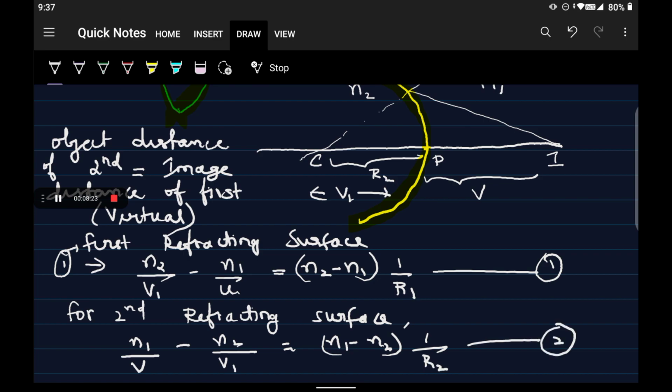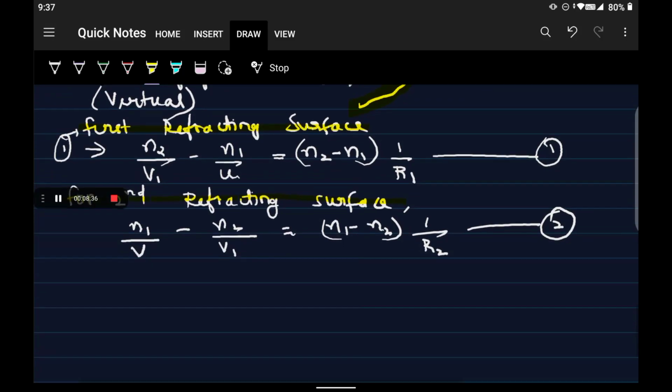This is my second equation. So what I have done here is, the first refracting surface I have derived; for the second refracting surface, instead of deriving it again, I have assumed it.